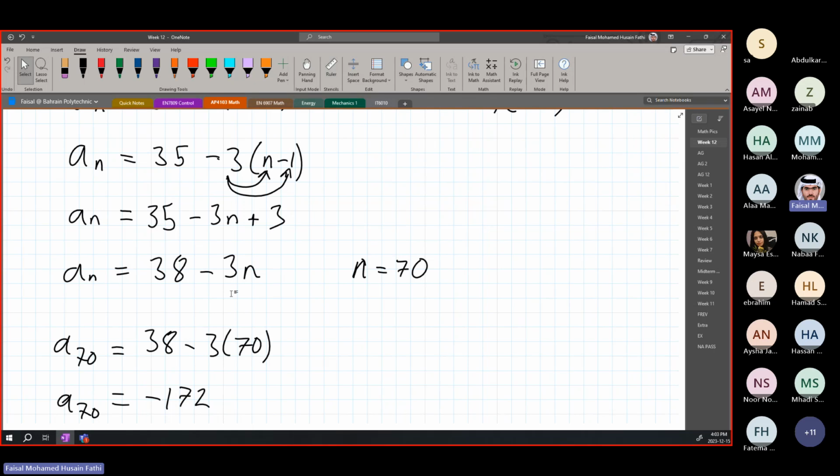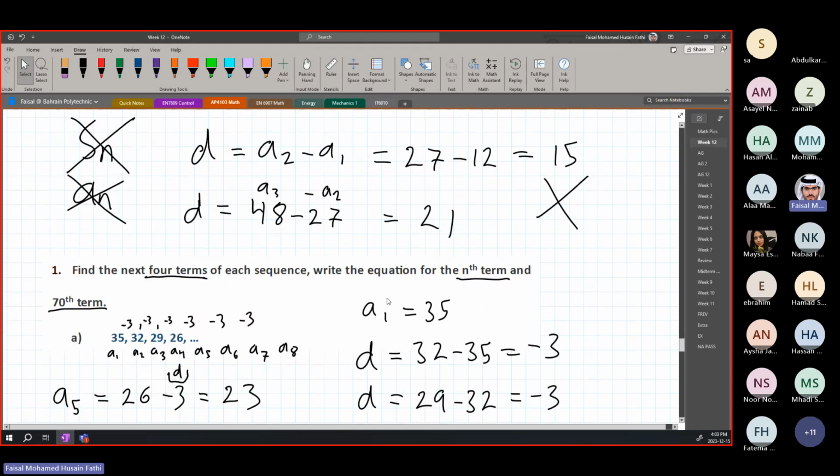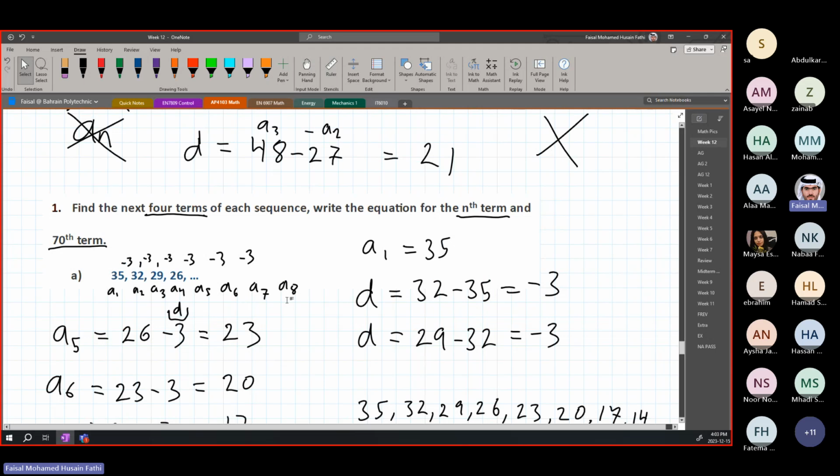Again, I will start from the very beginning. You will hit mode 7 to go to table. You will write in the equation, in this case, 38 minus 3x, which is 3n. You will hit equal. You will start from 1, and we want the fourth next term, so we want up to a8. So the start will be from a1 all the way to a8.